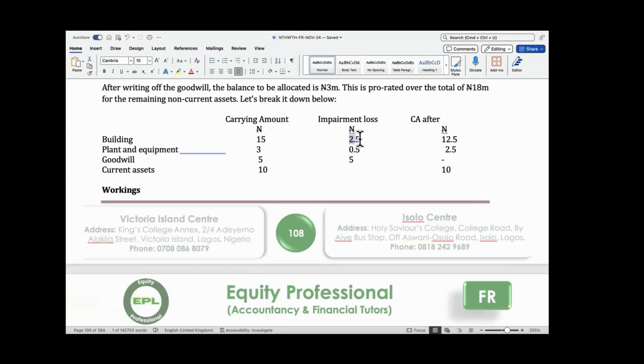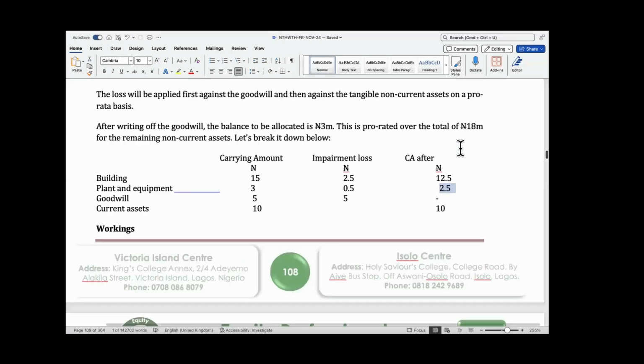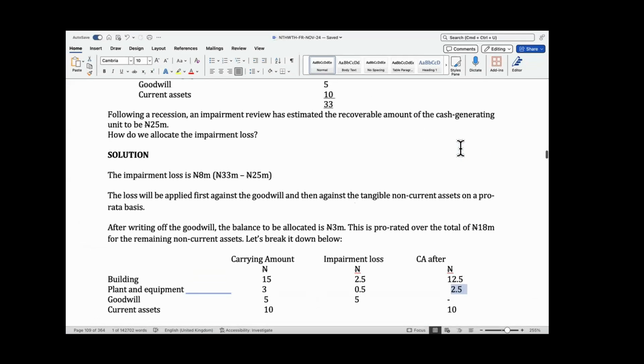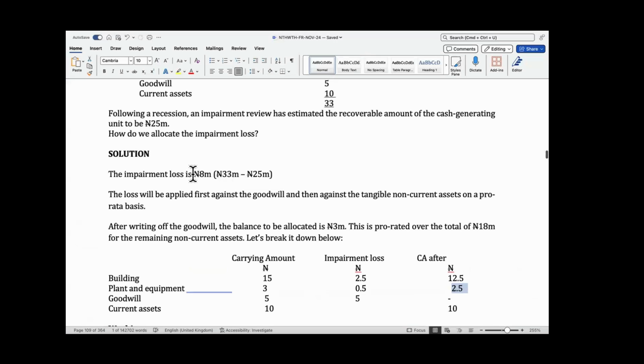By the time you take away 2.5 from 15, remaining 12.5. By the time you take away 0.5 from 3, remaining 2.5. And that is all for this question. We have allocated the impairment loss of 8 million between the individual assets in the cash generating units.